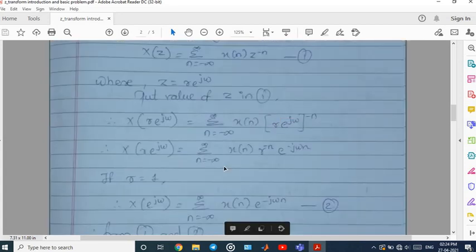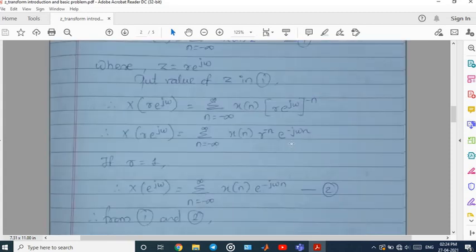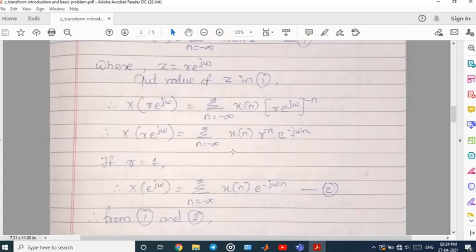Now just split the powers. This r will be multiplied to this minus n, so r to the power minus n, and e to the power j omega will be multiplied to the minus n, so this will be e to the power minus j omega n.